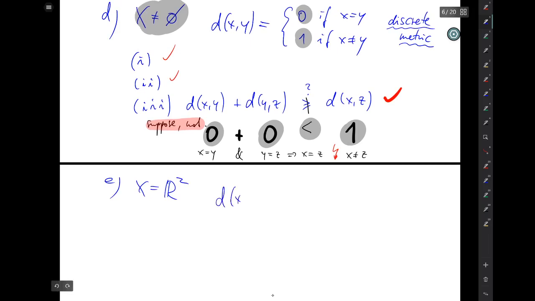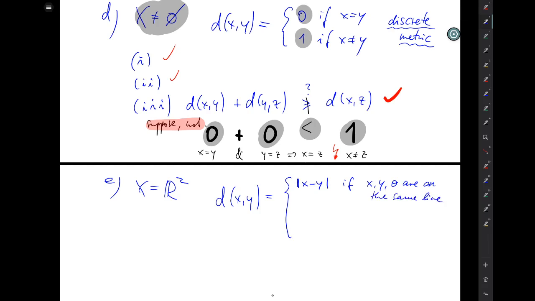So d of x to y, which are now points in 2D, shall be the usual norm of the vector x minus y if x, y, and the origin are on the same straight line, right?